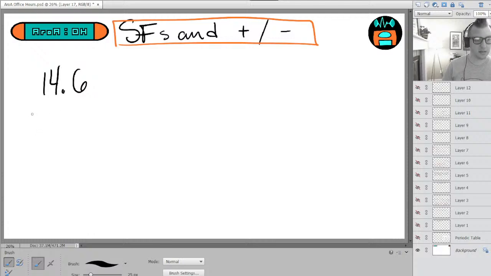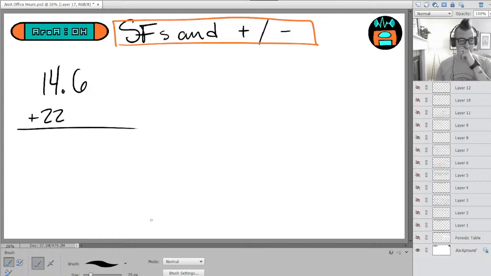14.6 plus 22. All right, if you punch it into your calculator it will tell you that your answer is 36.6. All right, and that is your correct value. But you need to ask, every time you hit enter on your calculator, it'll give you the correct value. You have to ask, how many significant digits should this number have?